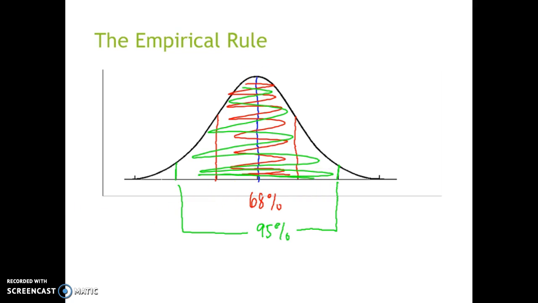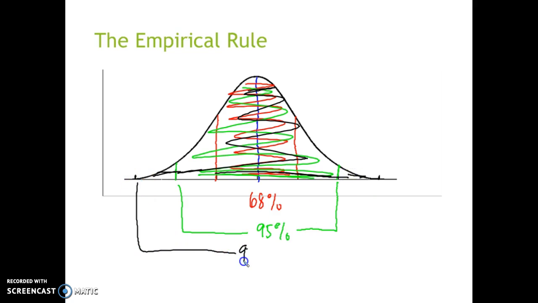We can even get a little more specific and say that one more standard deviation over is actually going to be 99.7%. From 3 standard deviations, we have 99.7%. So almost all of our data, minus a few that might scooch out on the outside.